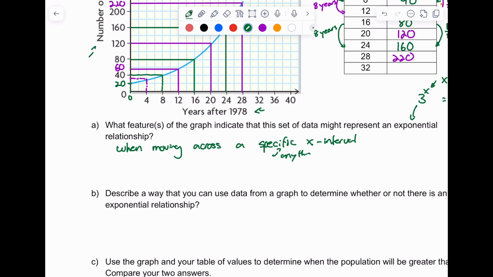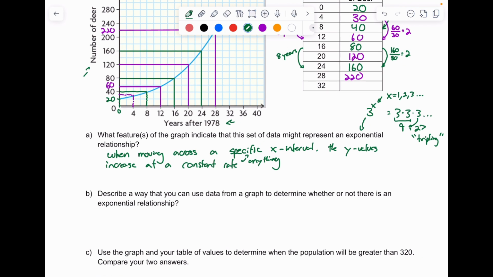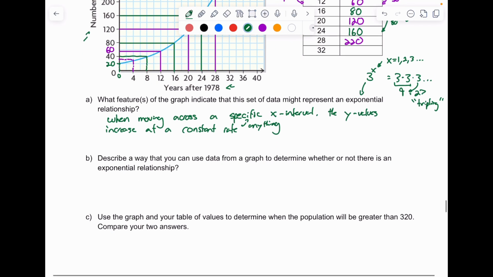In our case, it was 8 years. We spanned 8 years. When moving across a specific x interval, the y values increase at a constant rate, okay? So that's what you're looking for when you're looking for a relationship.